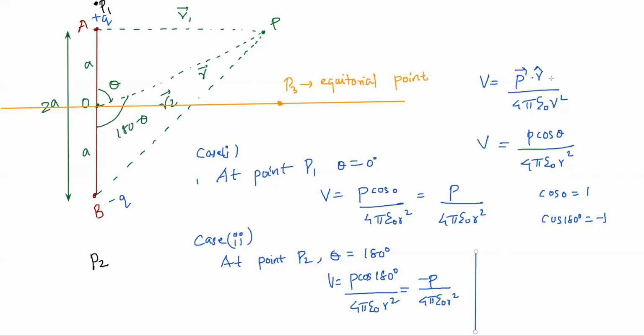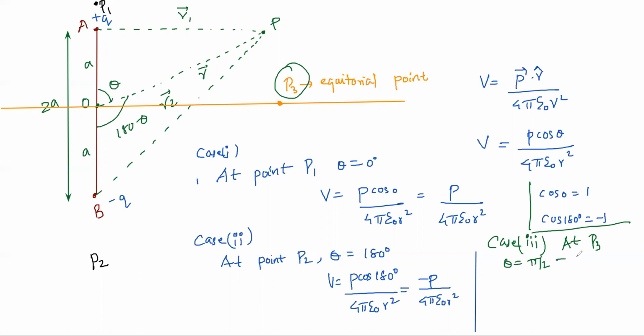And finally we have case 3. Case 3 is our equatorial point, that is point P3. At P3 it is perpendicular, so theta is 90 degree, or pi by 2.